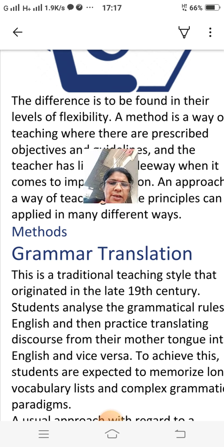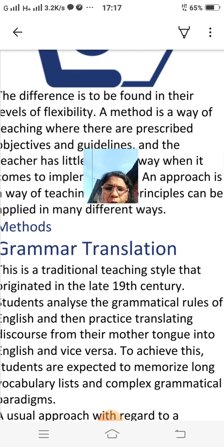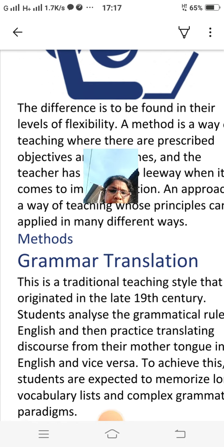Grammar translation. This is a traditional teaching style that originated in the late 19th century. Students analyze the grammatical rules of English and then practice translating discourse from their mother tongue into English and vice versa.